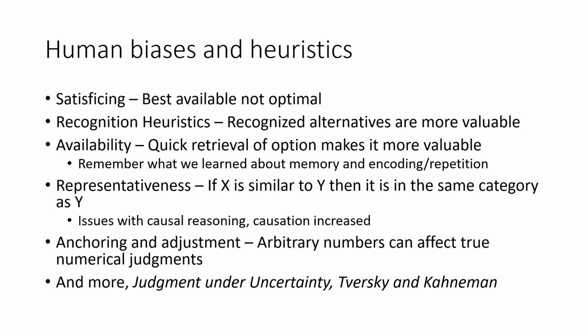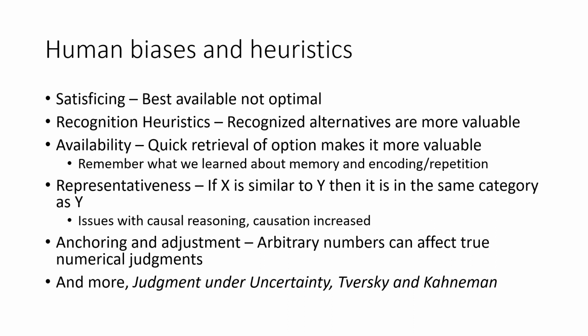Now, we talked a little bit about these with human error, but these are just some of the big human biases and heuristics. Judgment Under Uncertainty is the paper. If you are interested in this, I strongly recommend you pick up Thinking, Fast and Slow by Daniel Kahneman.